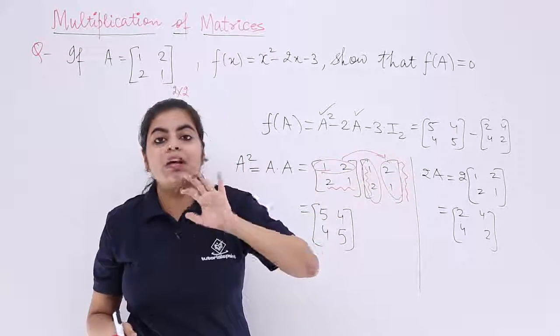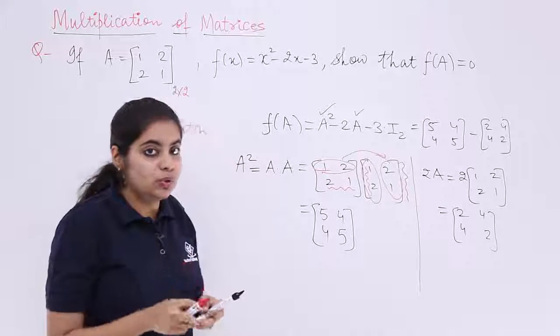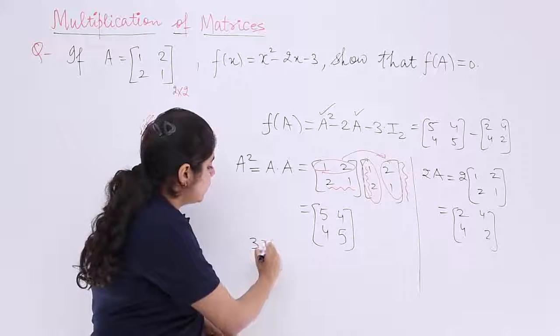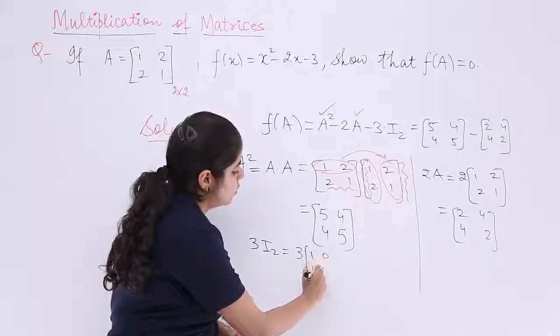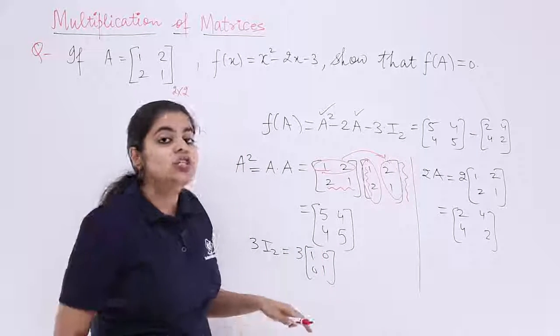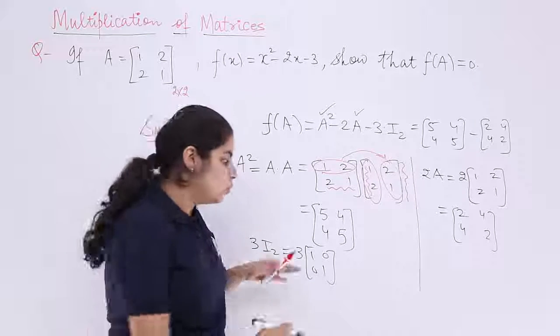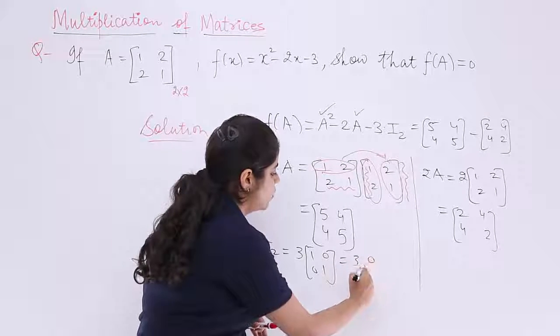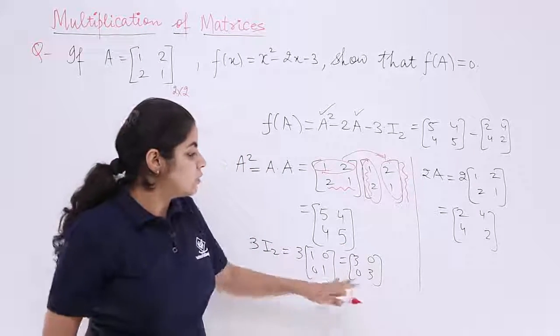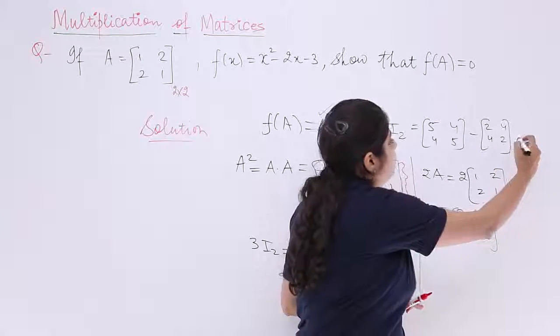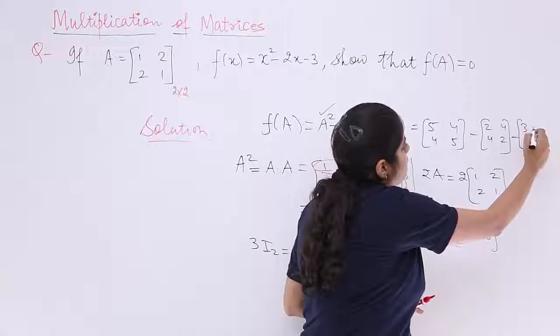Now I2 is the identity matrix of the order 2. 3 I2 will be 3 into 1, 0, 0, 1. Multiplying each element by 3, you get 3, 0, 0, 3. Substitute the value, minus 3, 0, 0, 3.